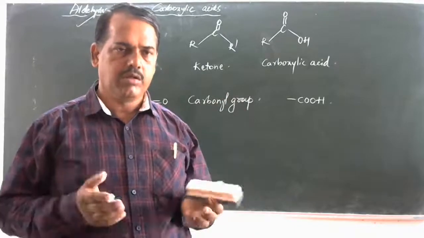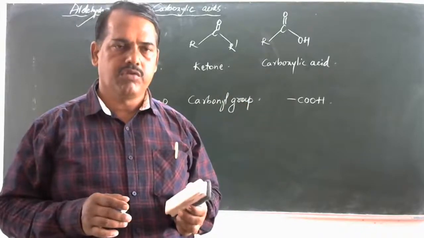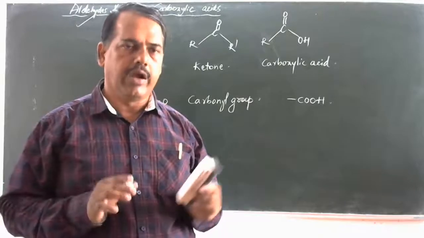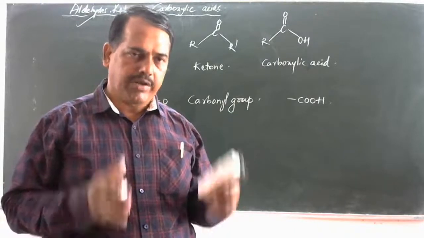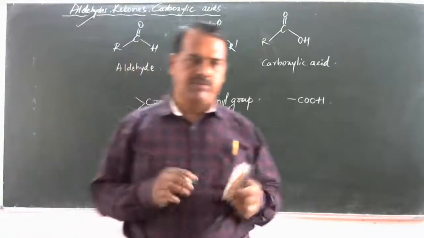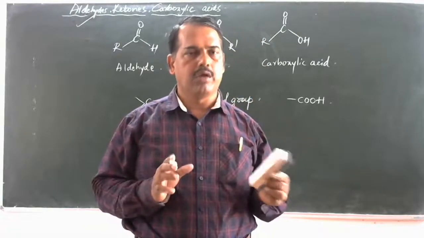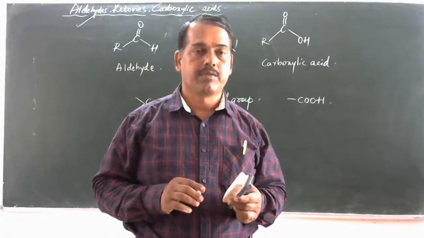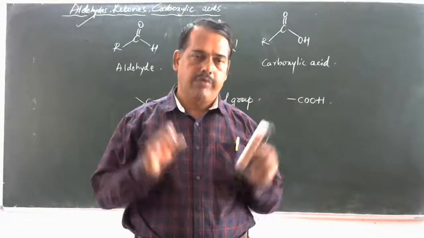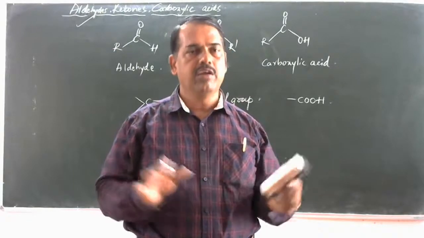These aldehydes and ketones are present in different types of plants and animals, and we can observe a pleasant smell anywhere in a forest region. Salicylaldehyde, cinnamaldehyde, and vanillin are all examples of aldehydes and ketones.